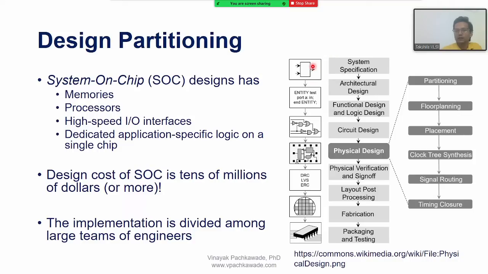So you can see that this system on chip can be used for wireless application, for optical communication, for internet of things, for medical application, whatever the target area is.